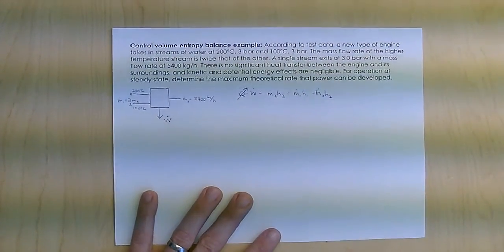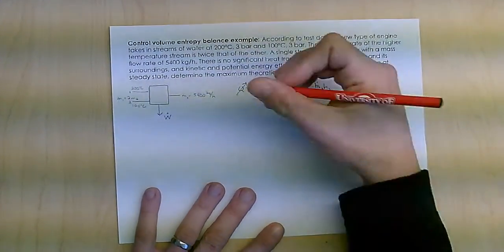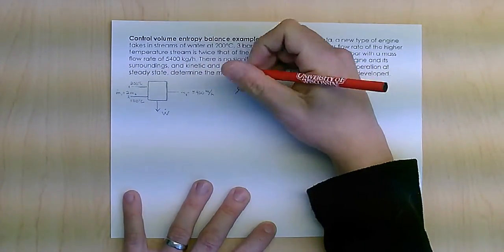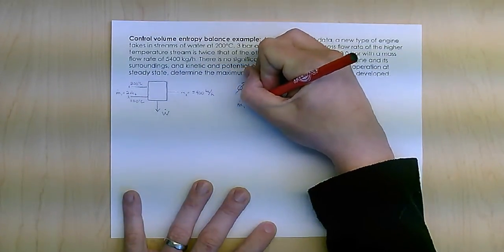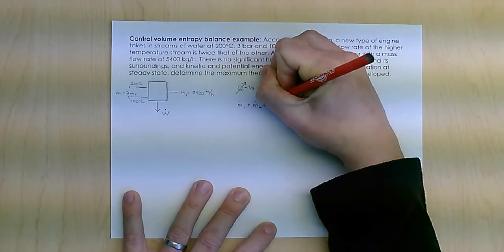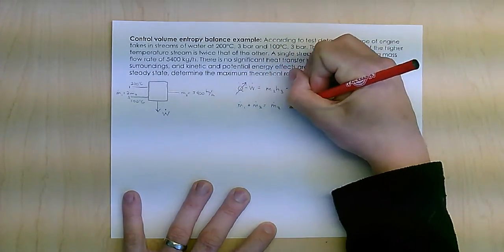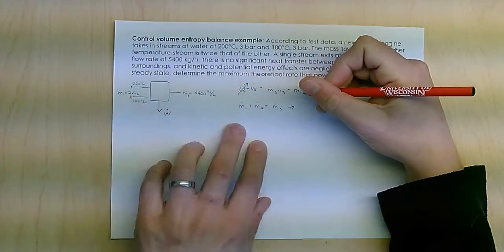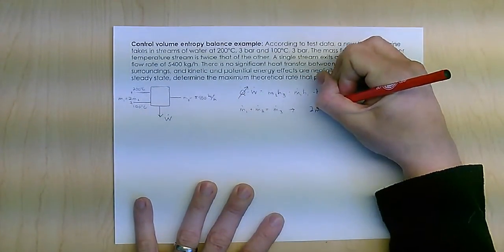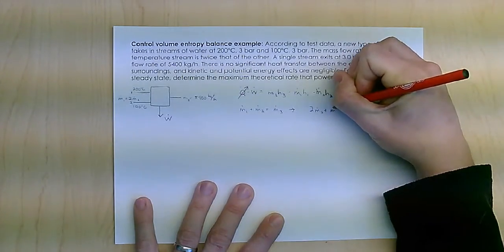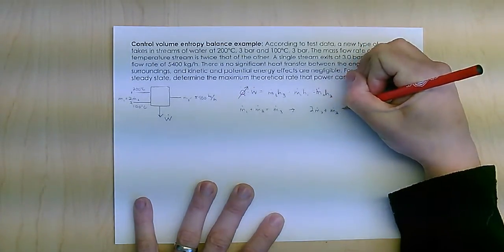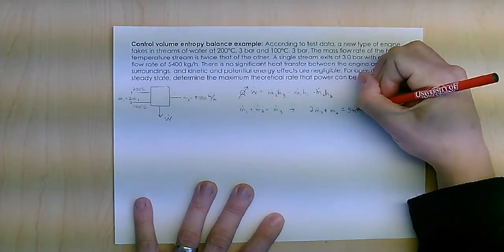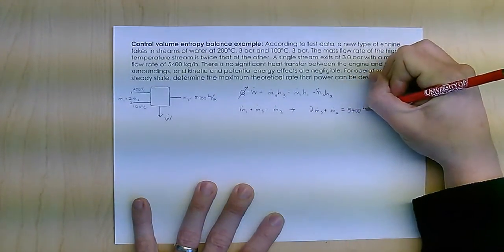So the first thing I'll do is figure out my mass flow, which is basically going to say that mass flow in equals mass flow out, which is M1 plus M2 equals M3, okay? M1 actually equals 2 times M2, so it'll be 2 M2 plus M2 equals, and I know that mass 3 equals 5,400 kilograms per hour.